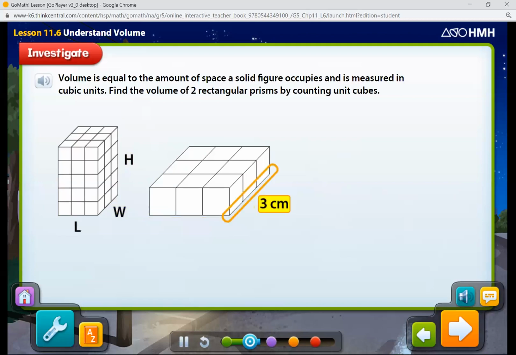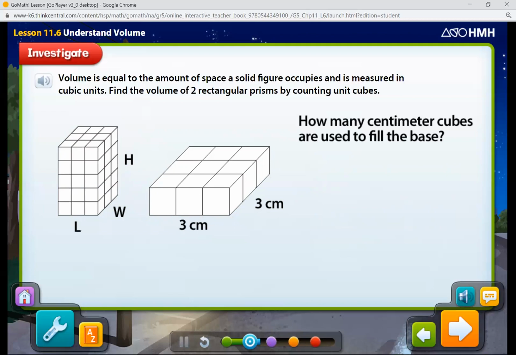The width of the base is also 3 centimeters. To find out how many unit cubes are in the base, multiply the length by the width. How many centimeter cubes are used to fill the base? 9 centimeter cubes fill the base of the prism.